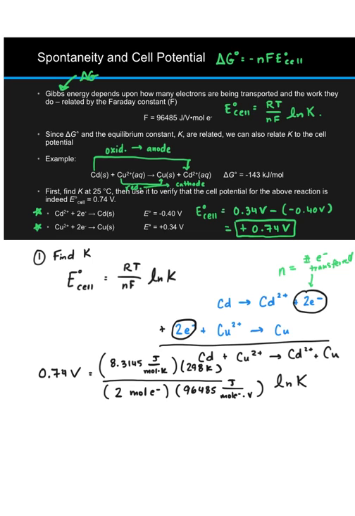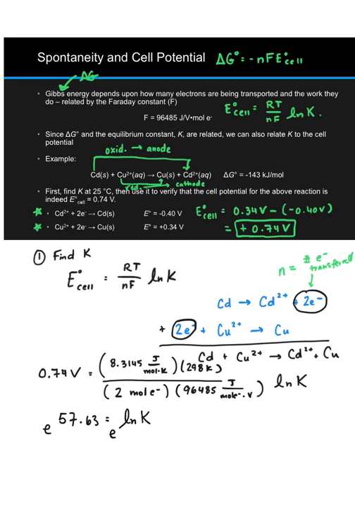So we can plug that in where we see E cell in this equation. We can rearrange this equation to solve for K if we multiply both sides by the entirety of the denominator, 2 and 96,485. Then divide both sides by 8.3145 and 298. When we do that, we should end up with something like 57.63 is equal to the natural log of equilibrium constant K. Now we have to get rid of a natural log, so we can raise e to the power of both sides.